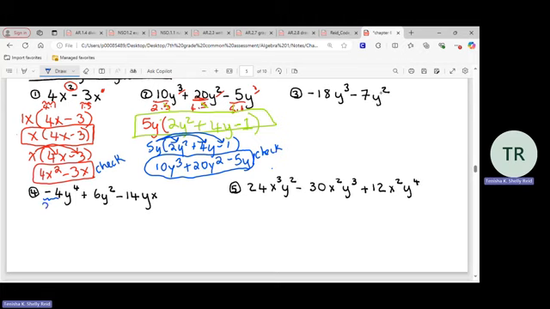How do we get 4? It's 2 times 2. How do we get 6? It's 2 times 3. How do we get 14? It's 2 times 7.